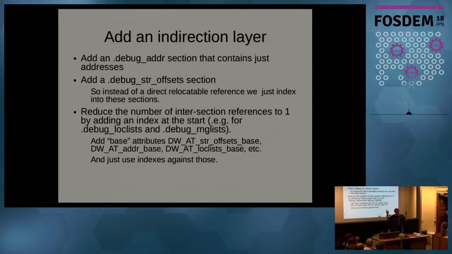We add a new offsets section, so instead of having to point directly to a string and asking the linker to fix this up, if you put the string somewhere else, you have a new offset, an indirection, so you can just say, I want string 1, and just relocate the addresses of strings in that section.